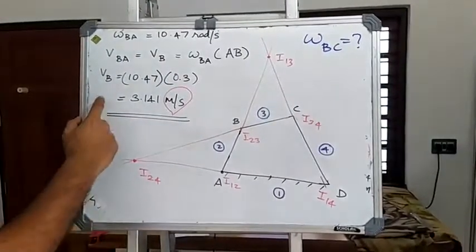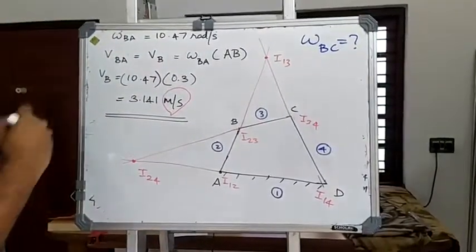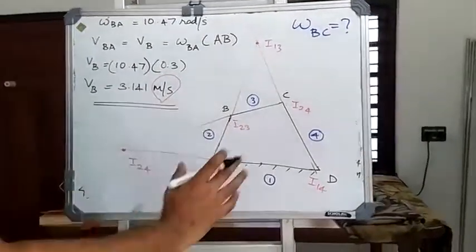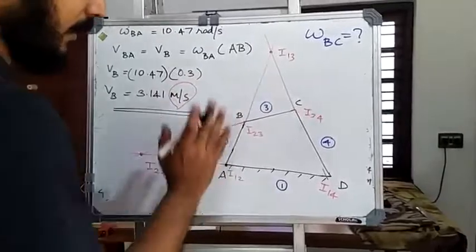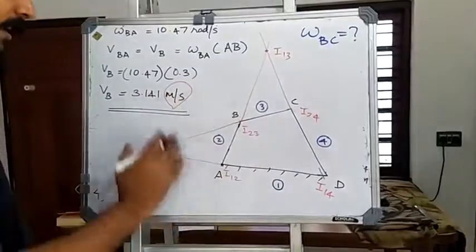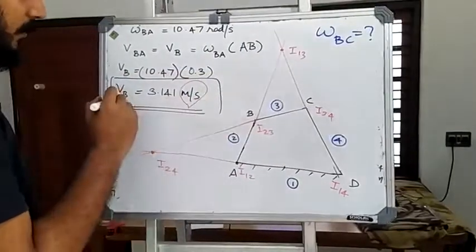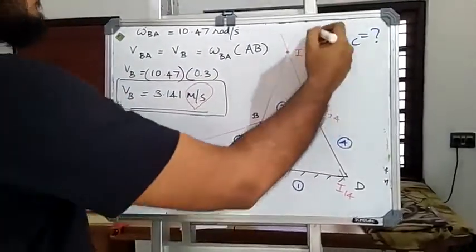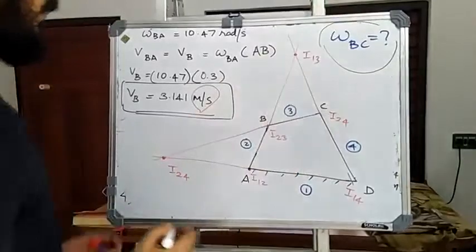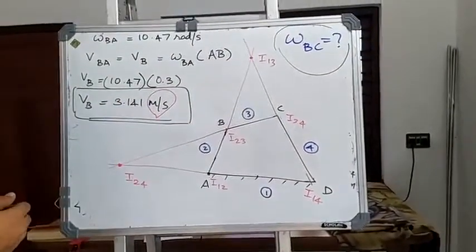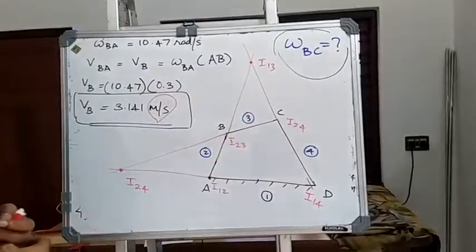So now VB, the linear velocity of B to A, on the crank, on the first link, is the initial value that we have found out so as to reach the required value. So this value is very significant according to the corresponding numerical.